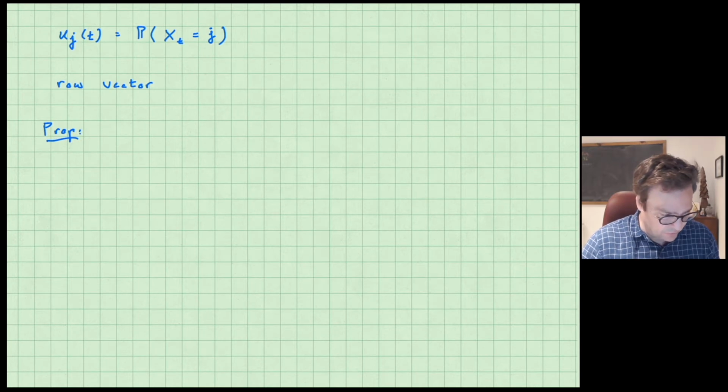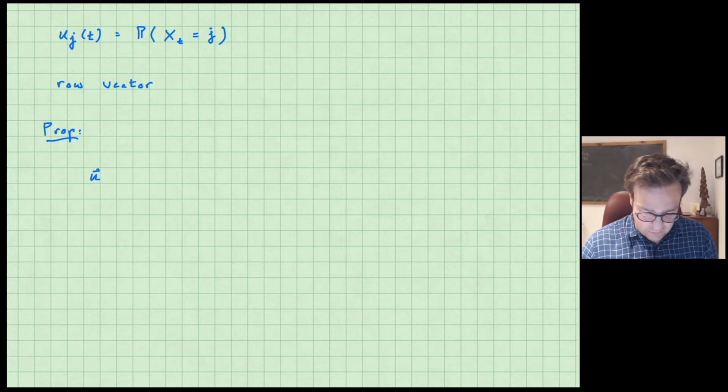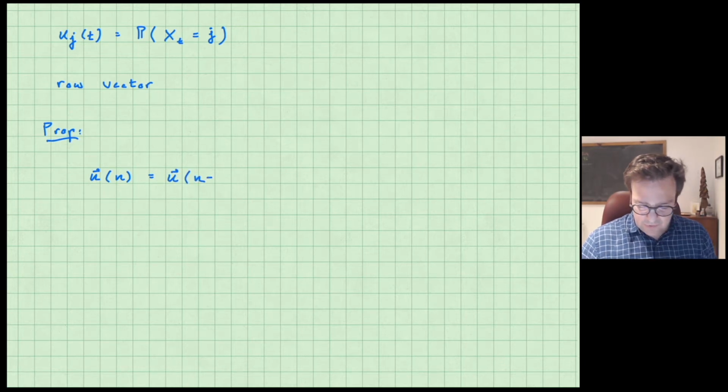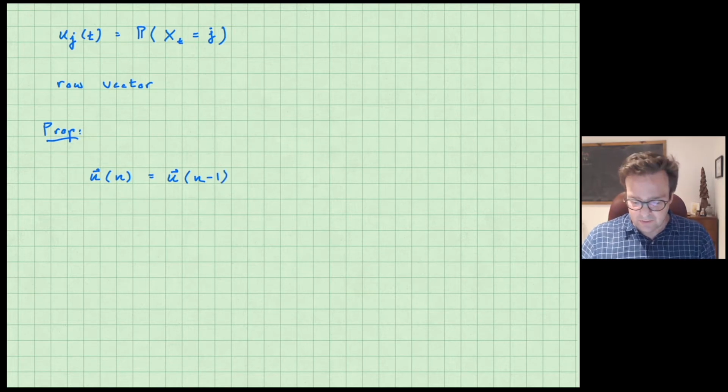The first part says that the state occupation distribution at time n, and I have to be careful with my u's and n's here, they pretty much look the same, is equal to, you can write it as, the occupation distribution at time n minus 1 times the one-step transition probability matrix. I'm going to put that over this side here.